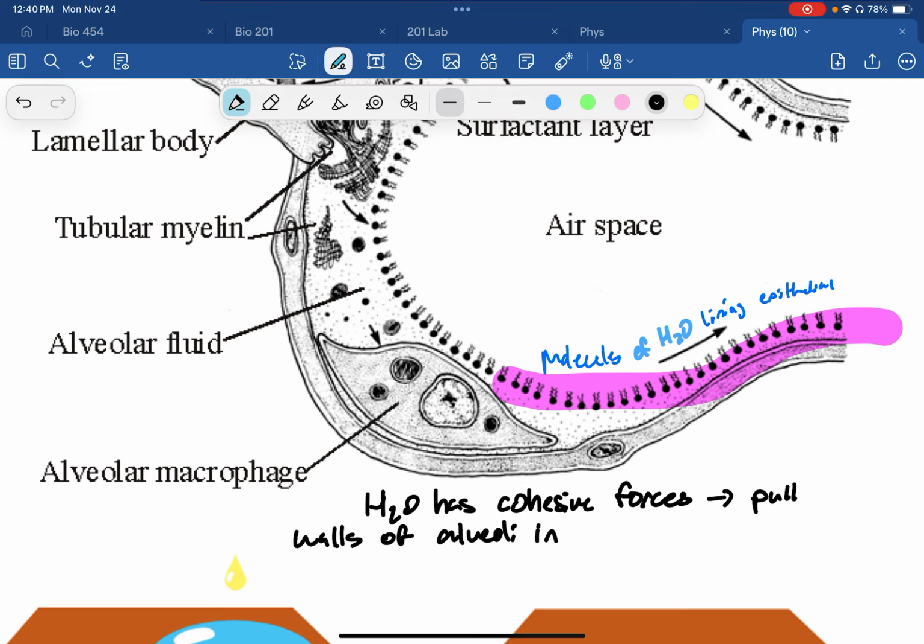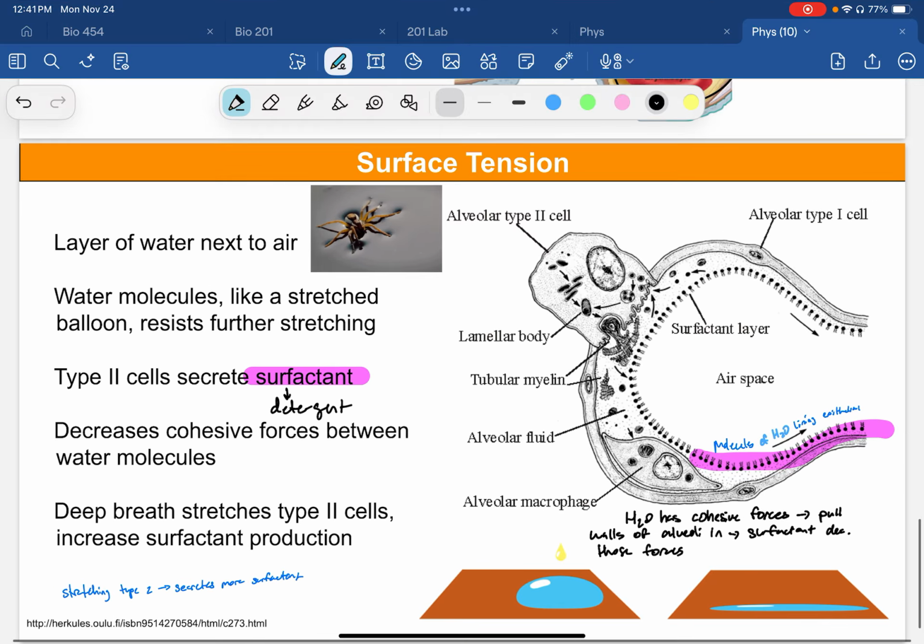And so you need something to break up those cohesive forces so that you don't collapse your lungs. So surfactant decreases those forces. It's like a detergent, and it's really needed because that's what allows us to keep breathing, and so we don't have that collapse. And yeah.